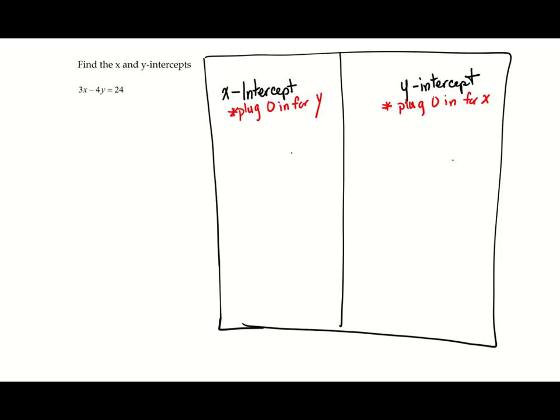We've been asked here to find the x and y intercepts of this equation. I've put a reminder over here that to find the x-intercept, we plug 0 in for y, and to find the y-intercept, we plug 0 in for x. So as a reminder of how this works, we take our equation that's already written, 3x minus 4y equals 24, and I'm going to plug 0 in for y.